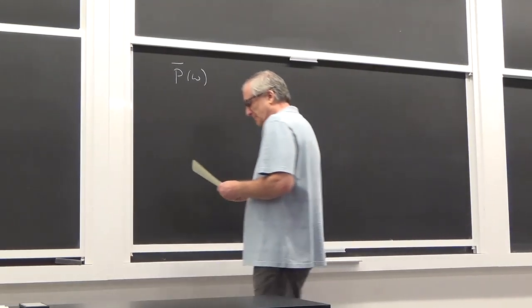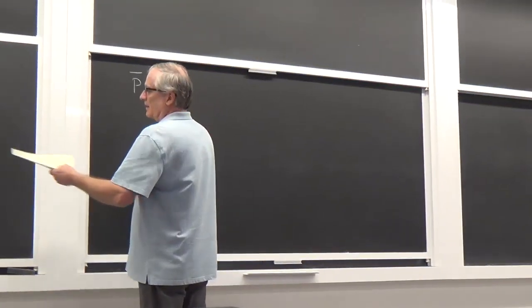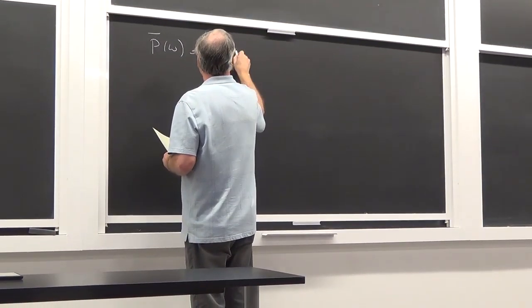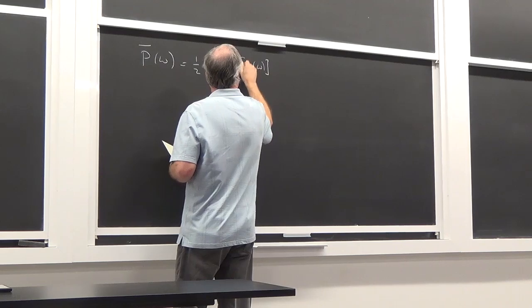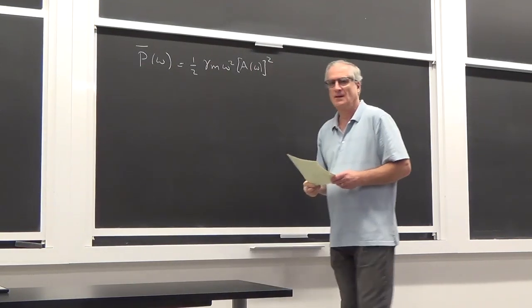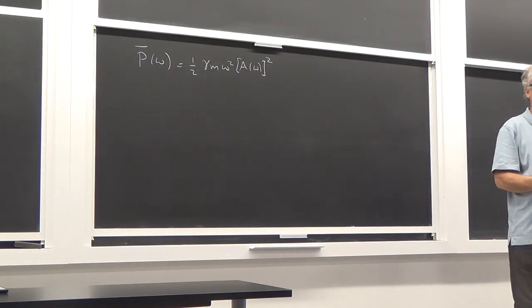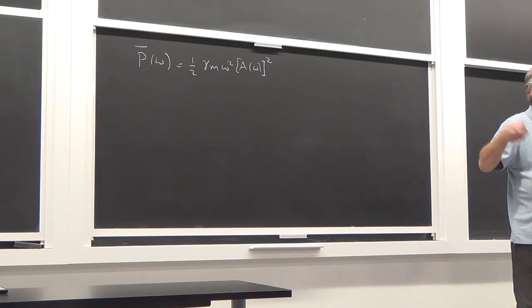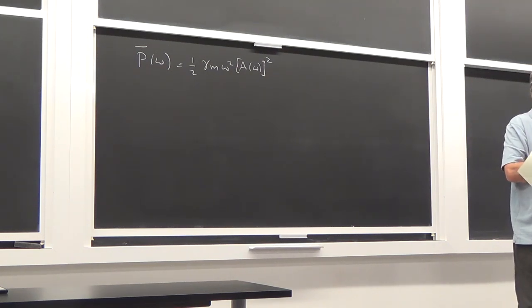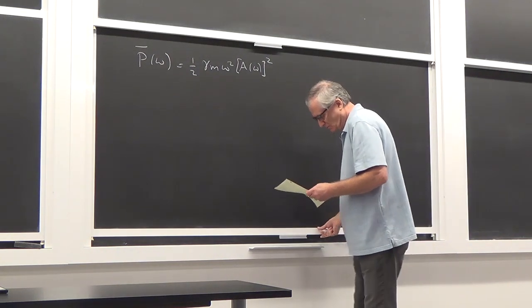Okay. So I get a half from doing this integral. I have a gamma m omega squared. And I have an a of omega squared. That's my time average power. So on the average, the rate of energy being dissipated in my eddy currents or an LCR circuit is the average rate of energy loss that's dissipated in the resistor.